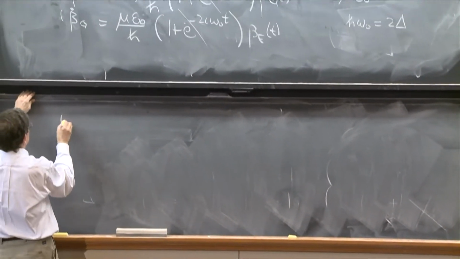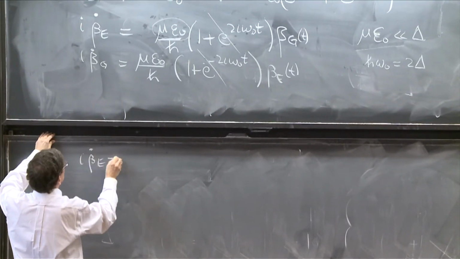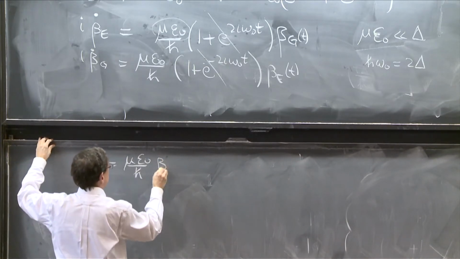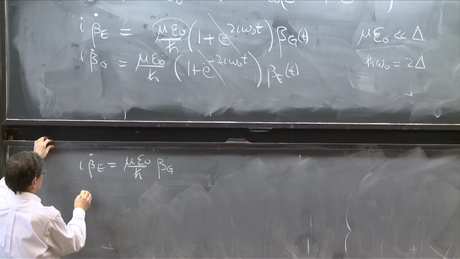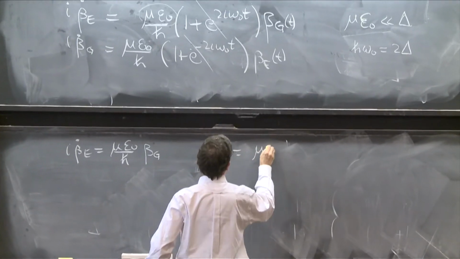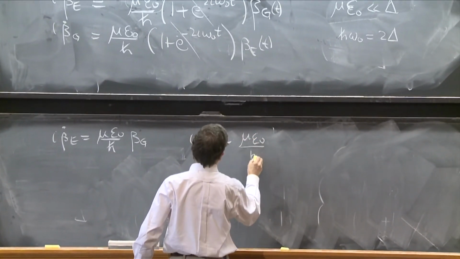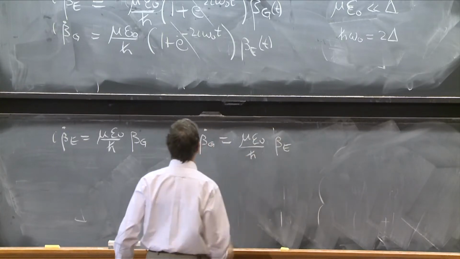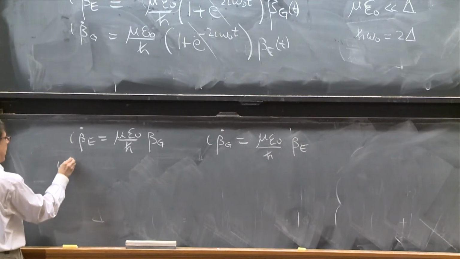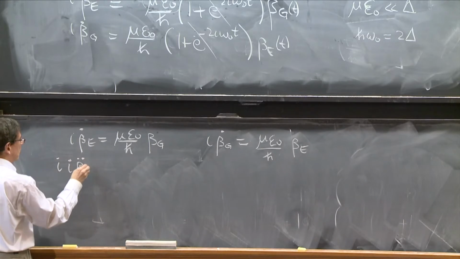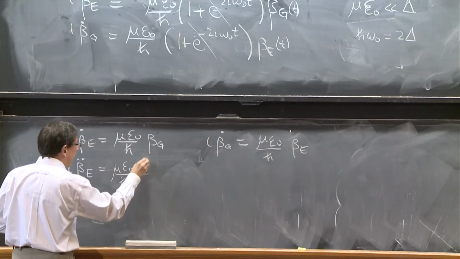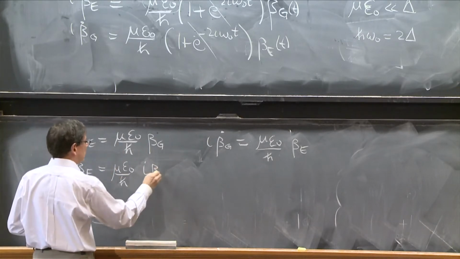So what do we get then? I beta E dot is equal to mu E naught over h bar, beta G. And the second equation, I beta G dot equals mu E naught over h bar beta E. Therefore, if you multiply by another I here and differentiate, I beta double dot of E is equal to mu E naught over h bar, the I extra that we borrowed, the dot here.